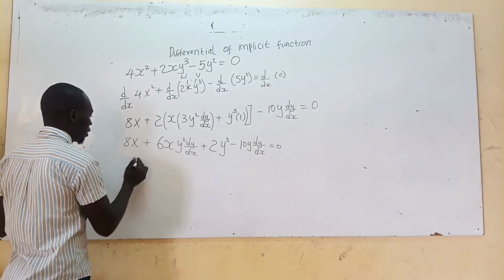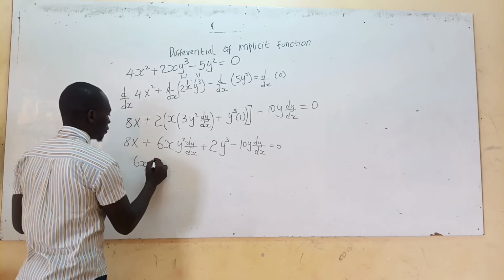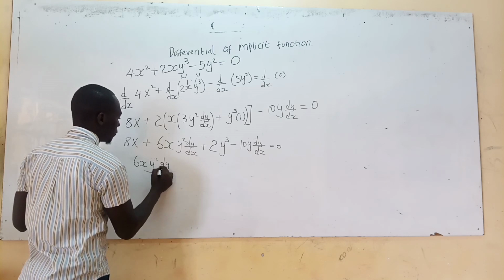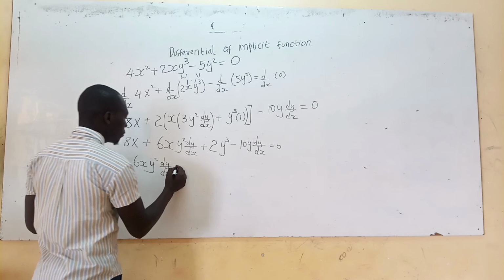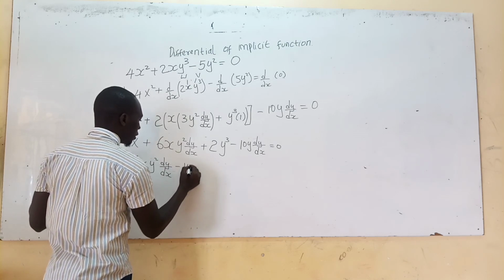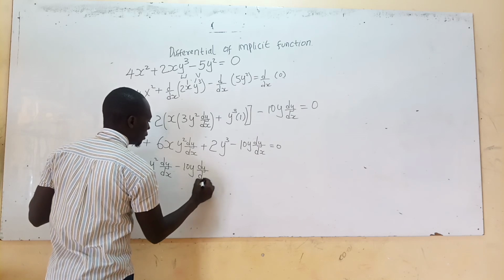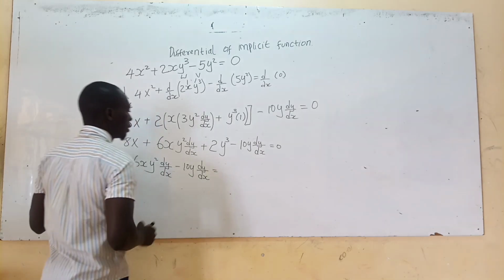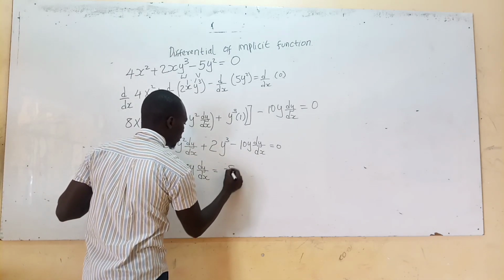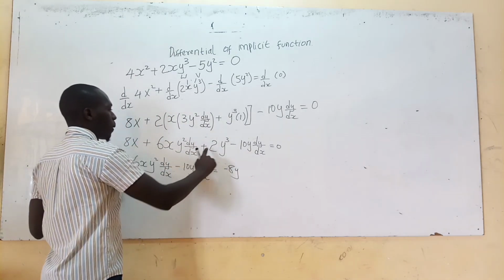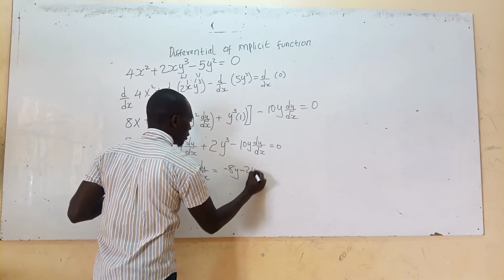So we are going to have 6xy squared dy with respect to dx, subtract 10y dy with respect to dx, everything will be equal to, this one we will take to the other side, we are going to have negative 8x. When you take this one to the other side, you are going to have a negative of 2y cubed.